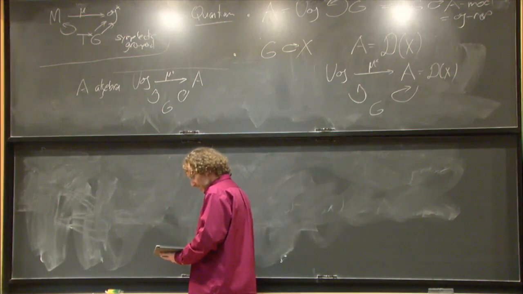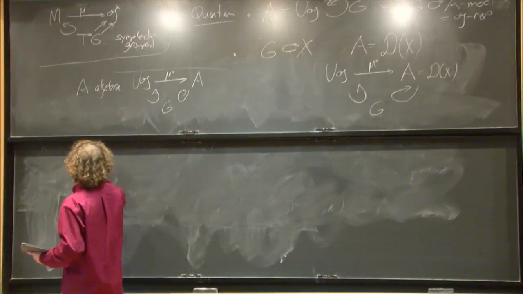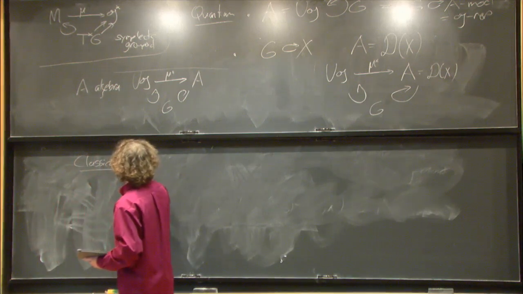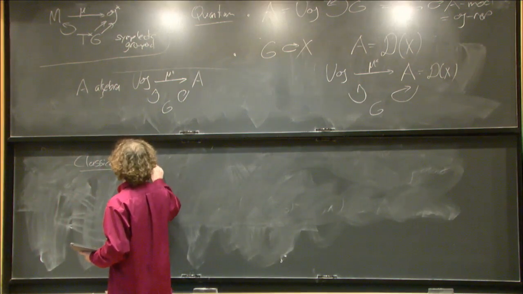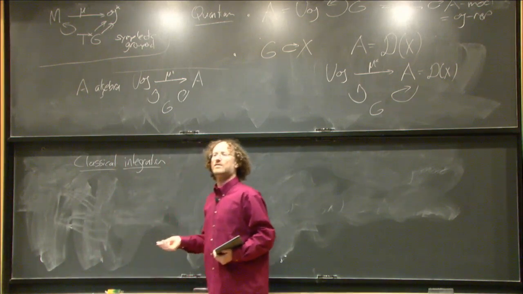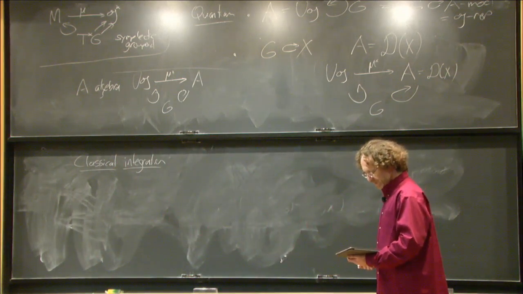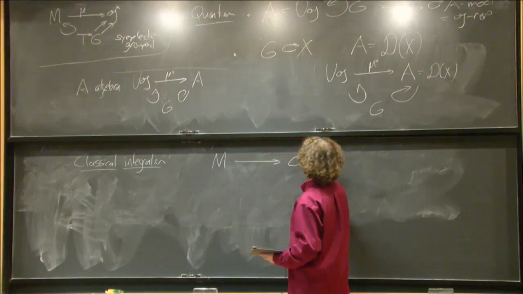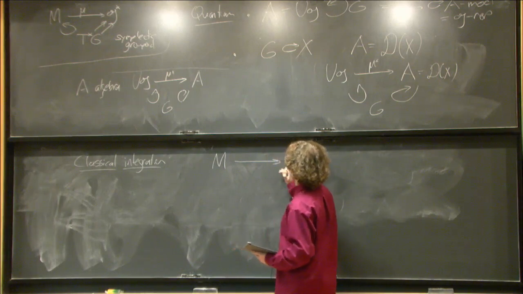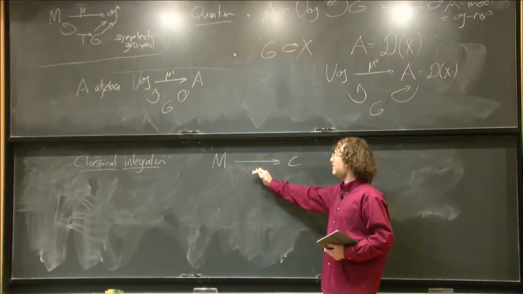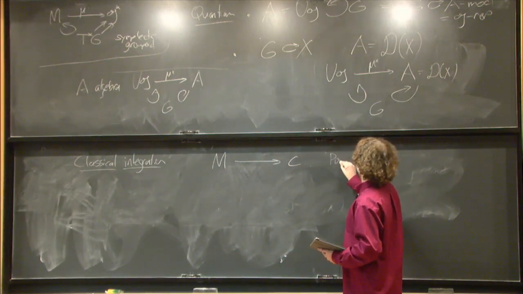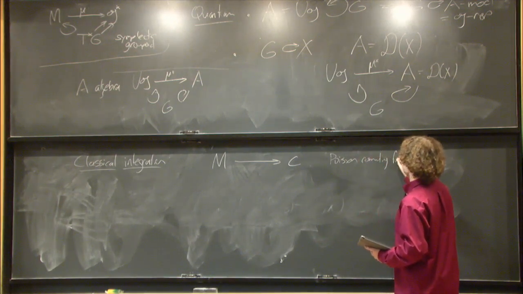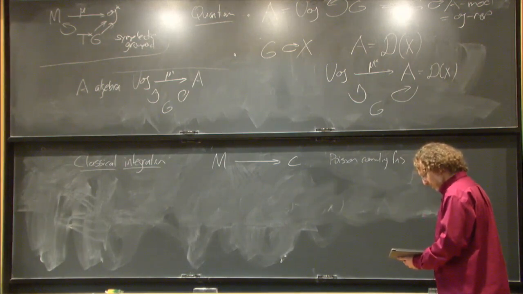So what do I mean by classical integration? Well, I have a bunch of commuting vector fields, and I want to find a group that acts, of which this is the Lie algebra. So I have this map to this vector space. This is a Poisson map. This is a bunch of Poisson commuting functions, or it gives a collection of commuting flows.